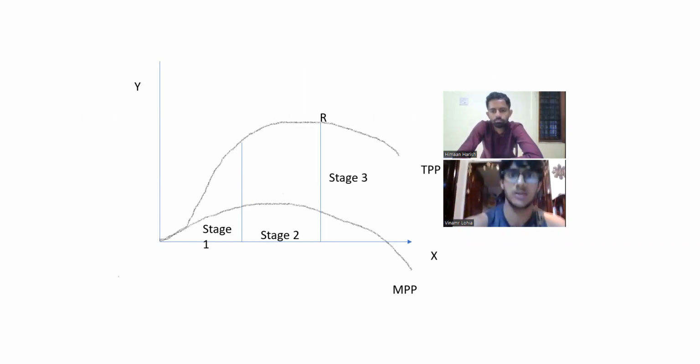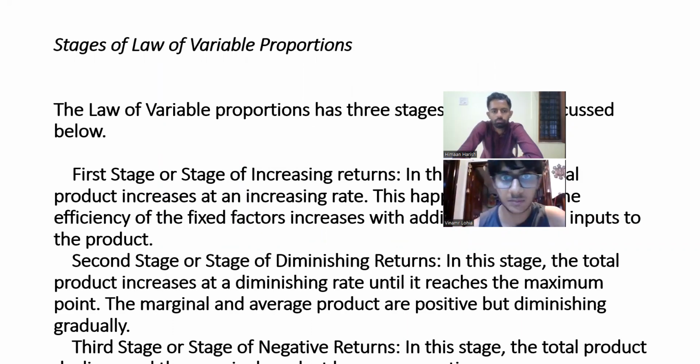Yeah, it's a little different in my notebook, but more or less the same. This is the explanation of the stages of the law of variable proportions. It's similar to the constant returns to scale. In ICSE, it's been mentioned as the constant returns to scale.